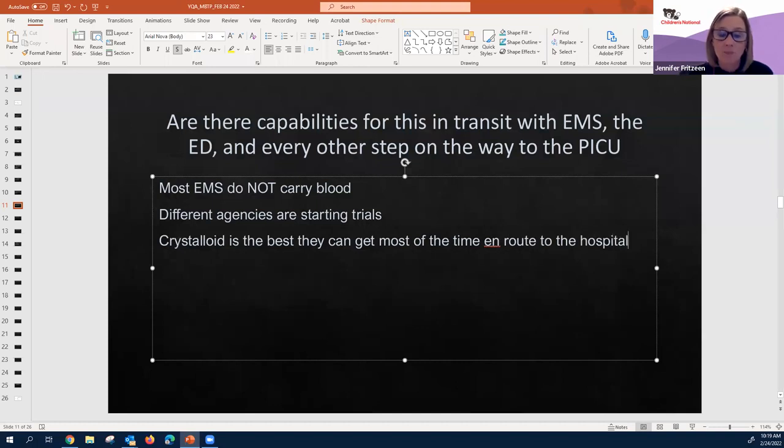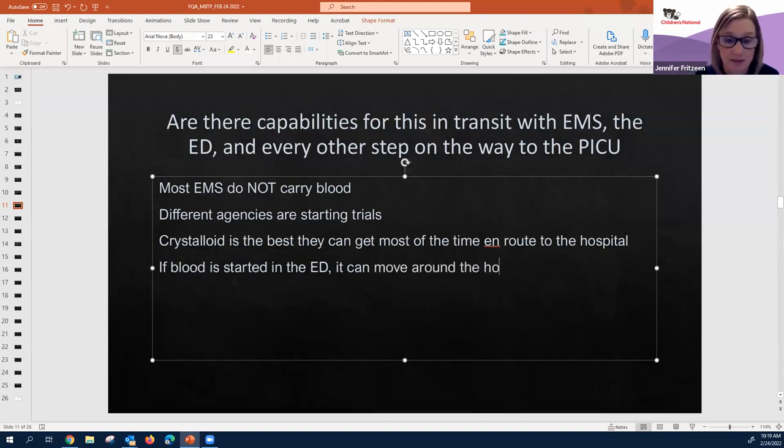The only thing you have to remember to do is when your patient changes location and you're in the middle of massive blood transfusion, we have to let blood bank know that the patient has moved, because they're going to be allocating units to where they think the patient is and not where the actual patient is. So it's definitely important to communicate with blood bank that the patient has moved from one location to another.